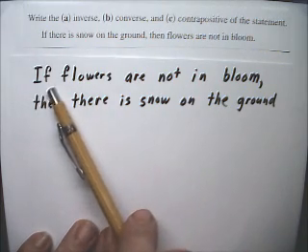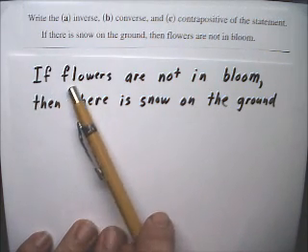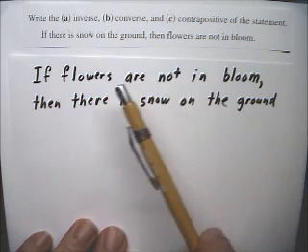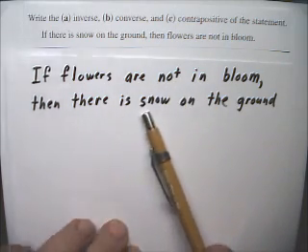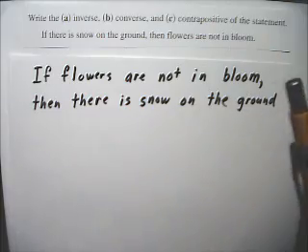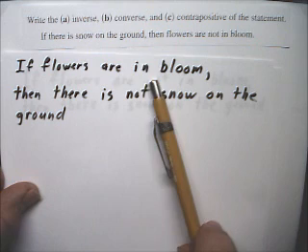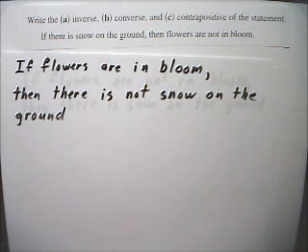So the contrapositive is going to start out, if flowers are in bloom, that's the negation, then there is not snow on the ground. And here it is. If flowers are in bloom, then there is not snow on the ground. That's the inverse, converse, and the contrapositive.